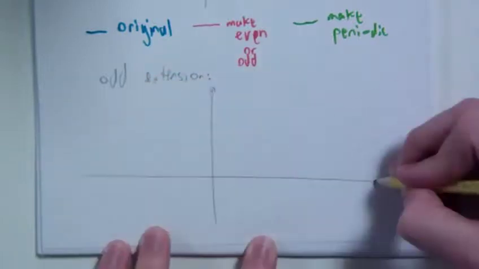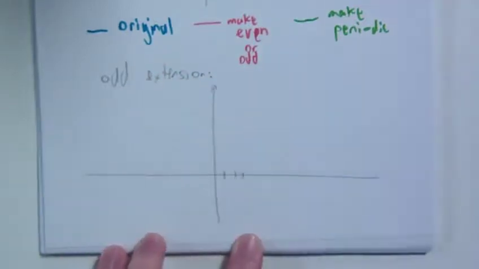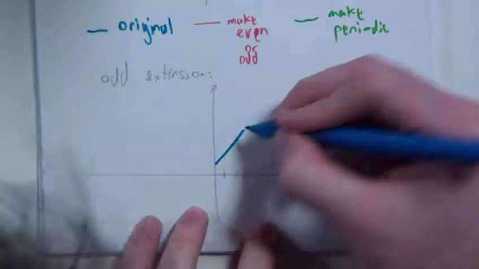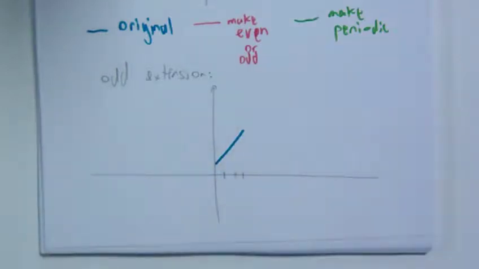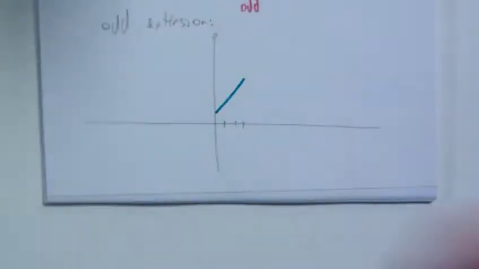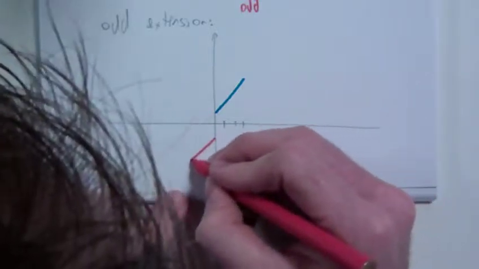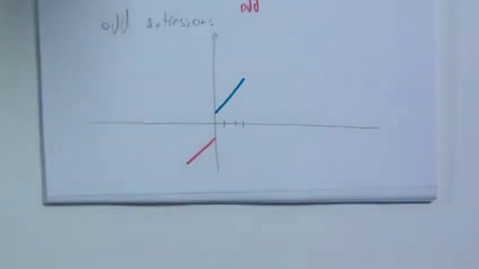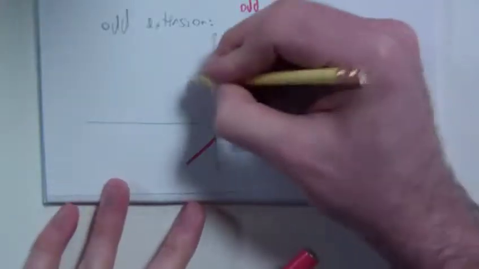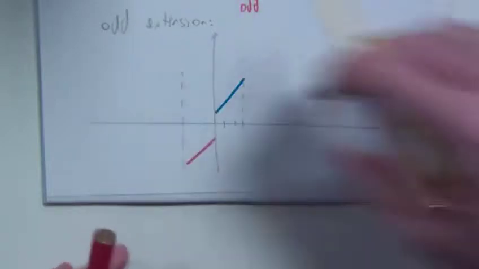So the original function was like this. Like that. And then what I had to do is make it odd, which means I need to rotate this around the origin, and it's going to be like this. And then I have to copy that left and right.